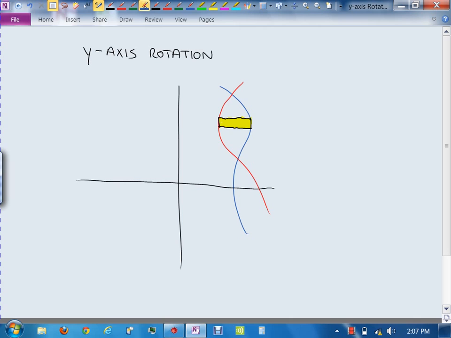And let me label the blue one. Let's call this one f of y. And the red one on the inside, we'll call it g of y. Everyone see this is the same thing, just sideways now? What are our limits of integration going to be? We still go c to d.